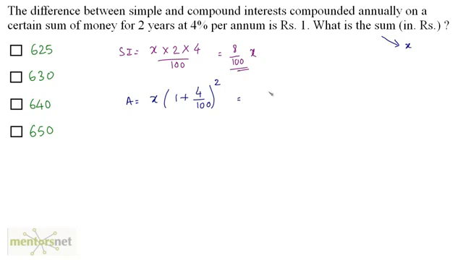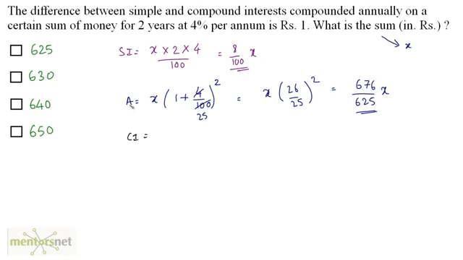Right? 4 by 100 can be written as 1 by 25. So X into 1 plus 1/25, that's 26 by 25 square. So this is equal to 676 by 625x. That's the amount.